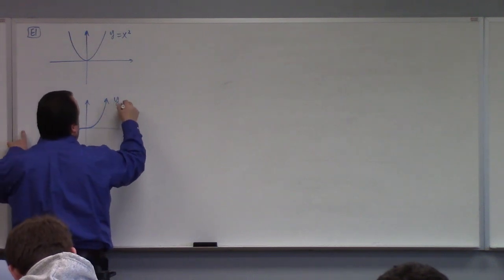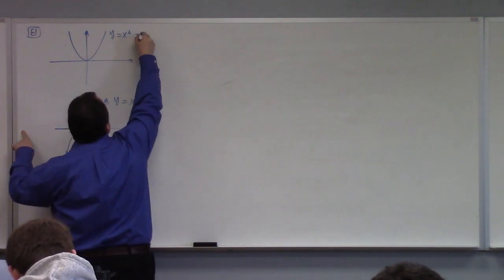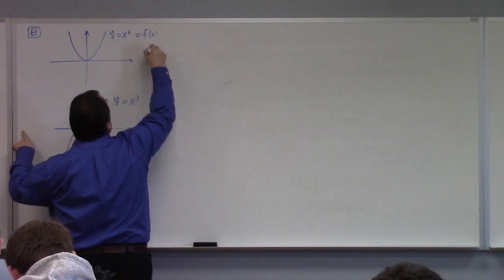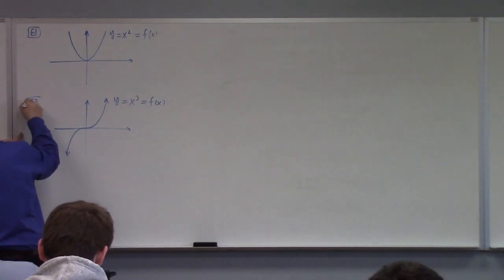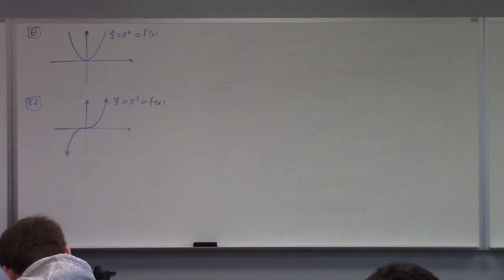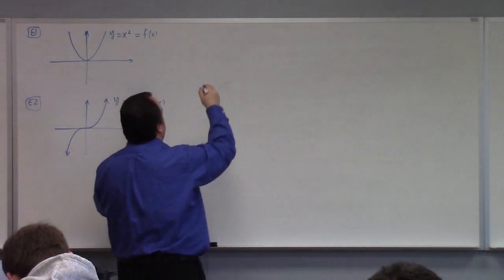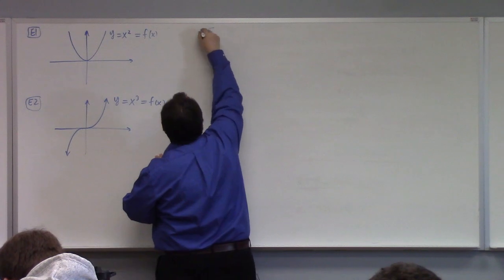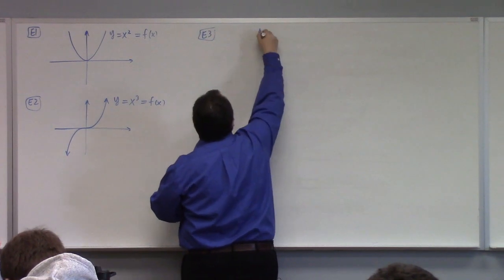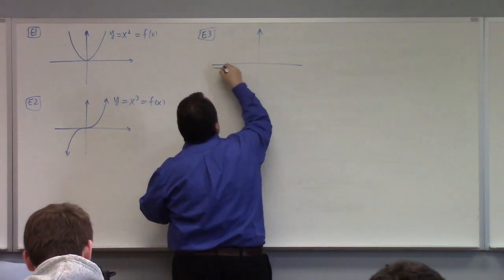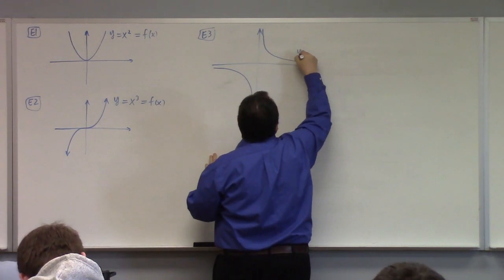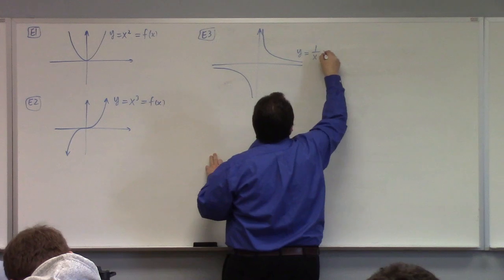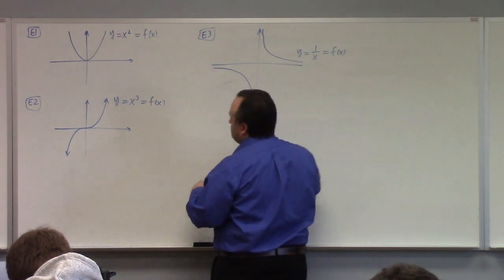There's your y equals x cubed, that's f of x for my example 2. Example 3, I'll do over here. The reciprocal function looks like this. It's y equals 1 over x, that's my f of x for example 3.